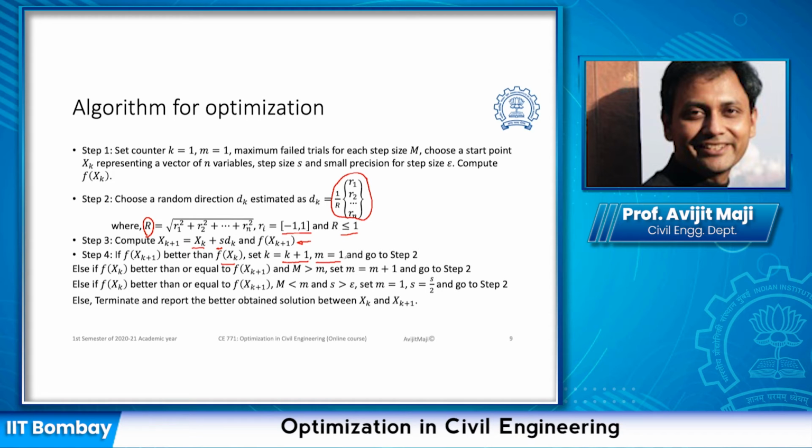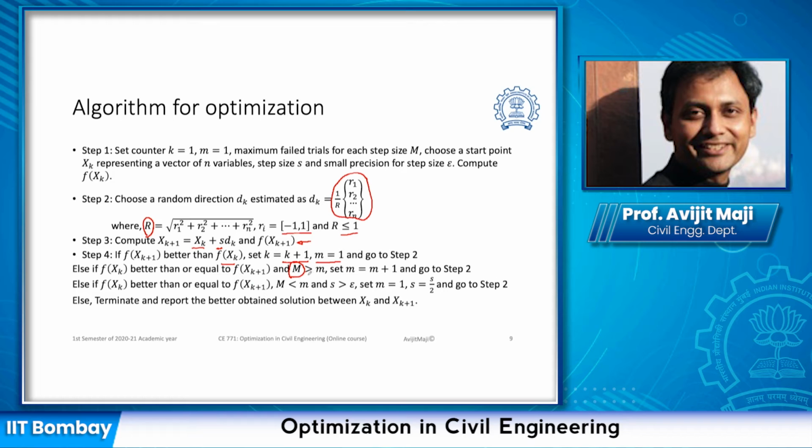Now if it doesn't happen, and we find that the new point is not better than the older point, but is equal or worse than the older point, in that case, we also need to additionally check whether our counter of these failed trials has reached the maximum number m or not.